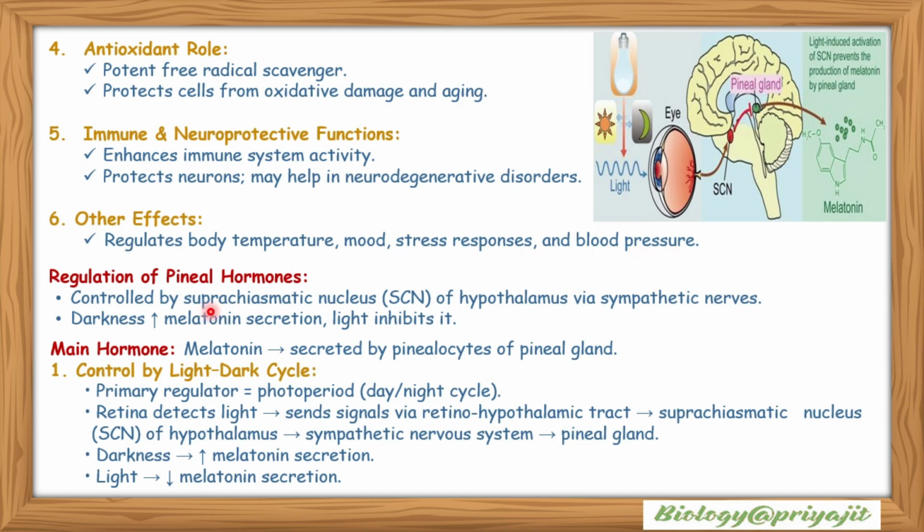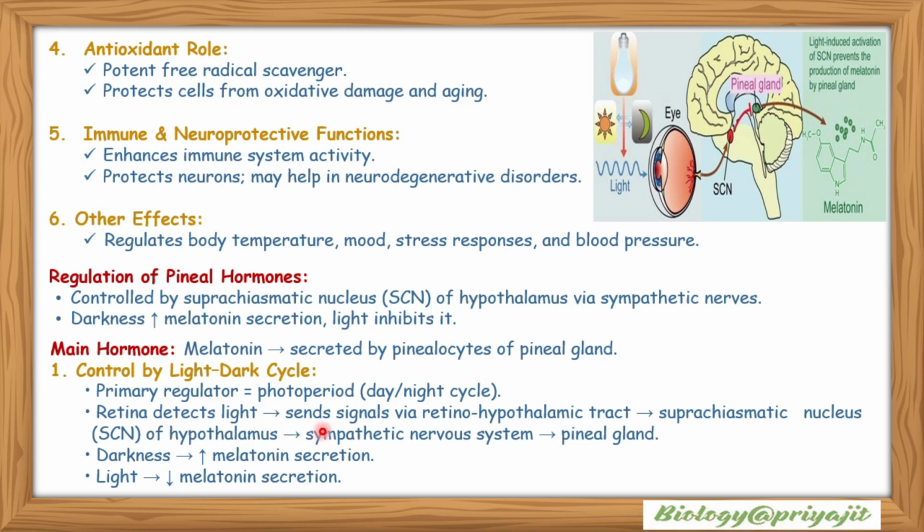Regulation of the pineal hormone: pineal hormone secretion is controlled by the suprachiasmatic nucleus or SCN of the hypothalamus via sympathetic nerves. Melatonin secretion is higher during darkness, and light inhibits the process. The main hormone, that is melatonin, is secreted by pinealocytes of the pineal gland. It is controlled by the light dark cycle. The primary regulator is the photoperiod or day night cycle.